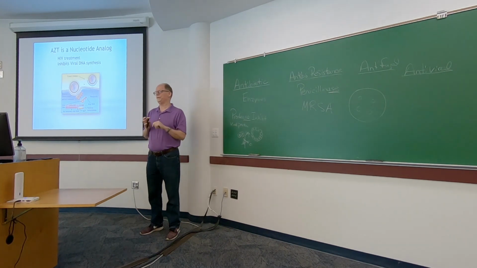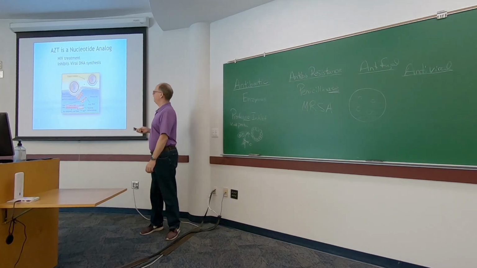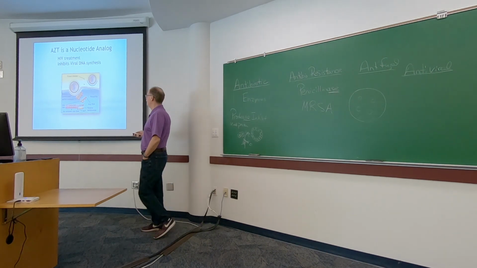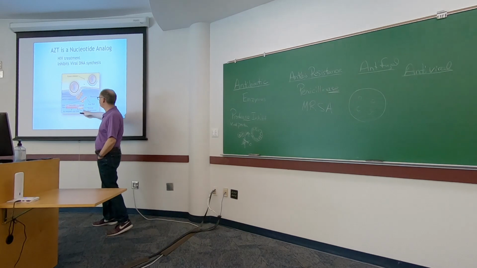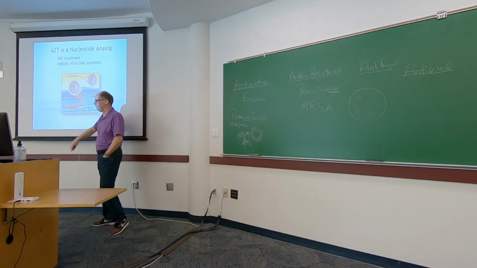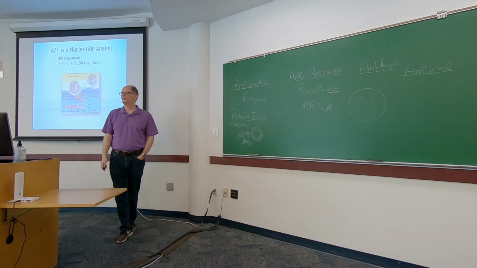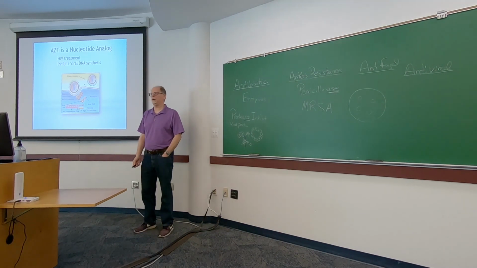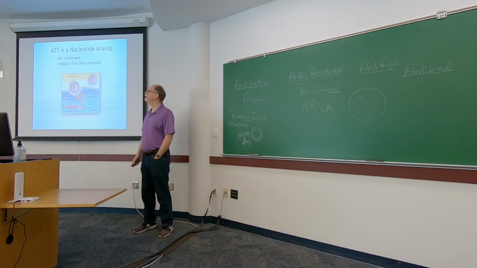When they started using 2 or 3 different medications to treat HIV back in the 1990s. It inhibits the reverse transcriptase, which converts RNA into DNA. And if you inhibit that, then the virus can't replicate. So it works pretty good.